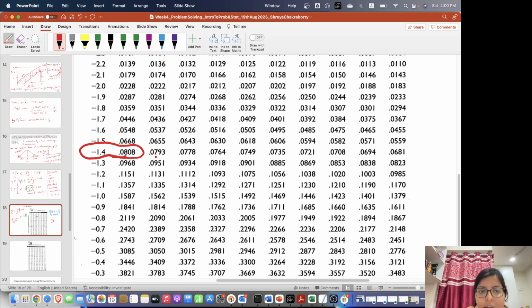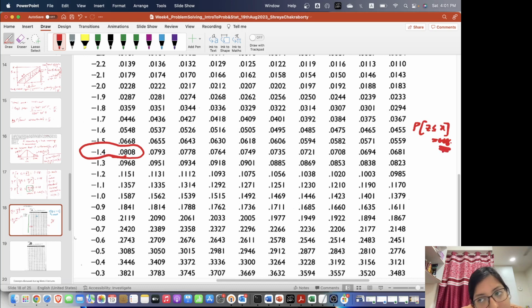I understand where your concern is, but that is a 7 difference. Here we are saying the probability Z less than or equal to something is 0.08.